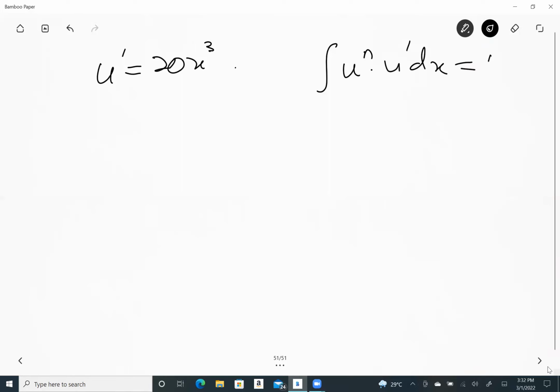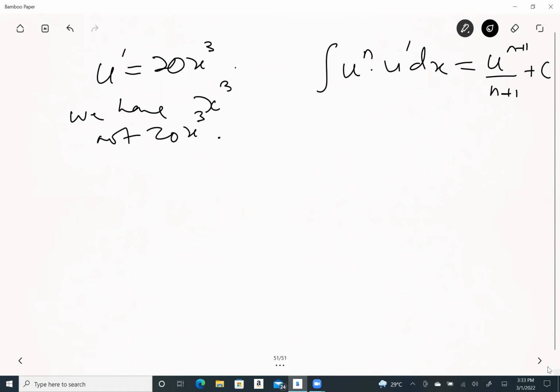Then the integral will be u to the n plus 1 over n plus 1 plus a constant c. But what we have is you don't have 20x cubed. You have x cubed, not 20x cubed.